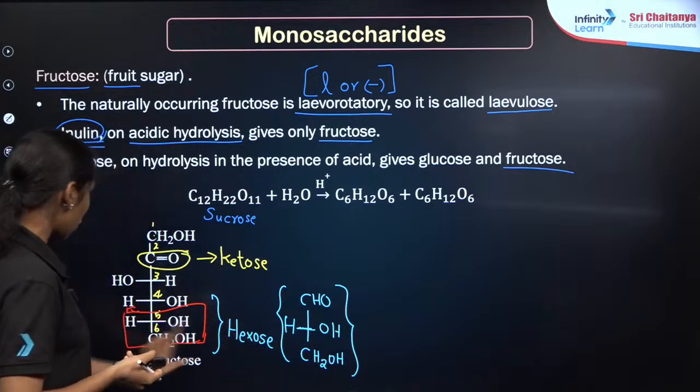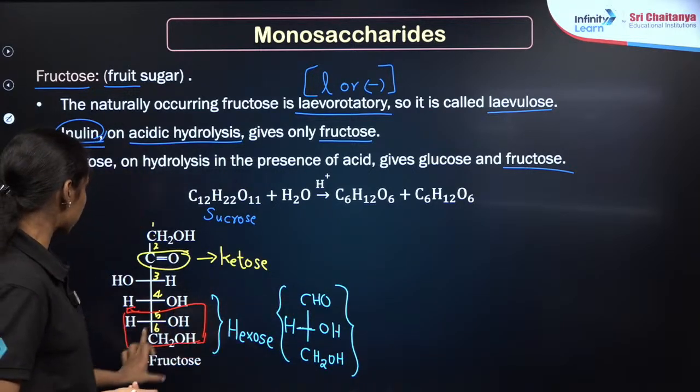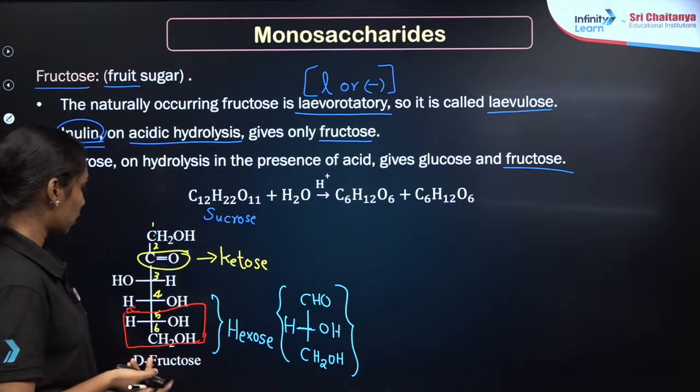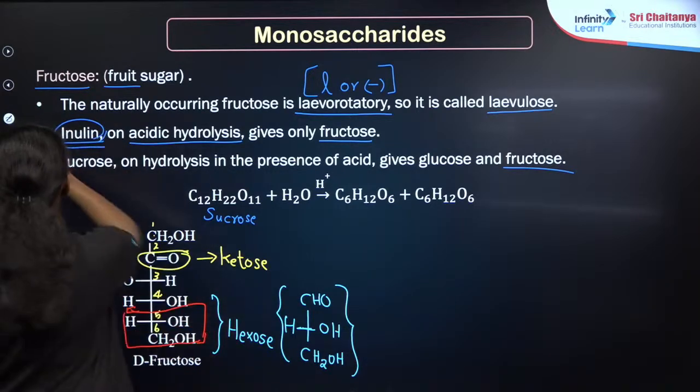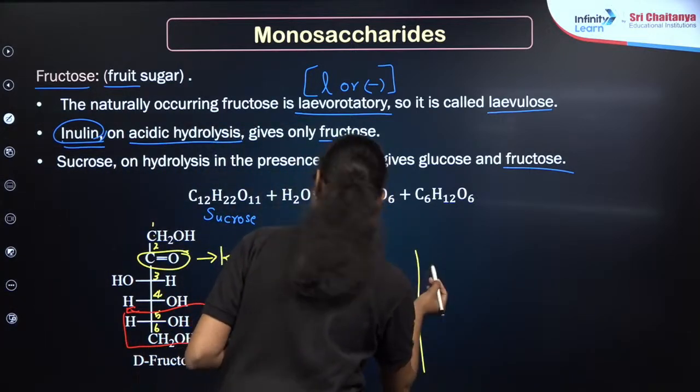As you can see, this structure is similar to this structure. So we can say that this is the D-fructose form. Similarly, you can draw the structure of L-fructose also.